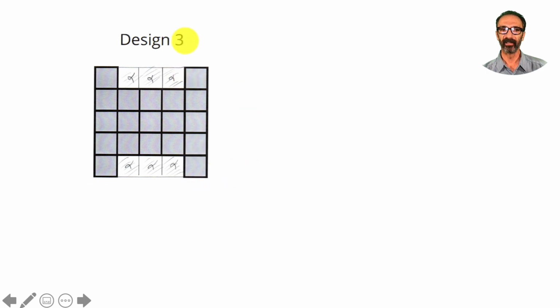But I want to look at design 3. So design 3 is a 5 by 5 when I start thinking about graphing it. So it's a 5 square minus 2 3s, 1 3 on top and 1 3 at the bottom side.